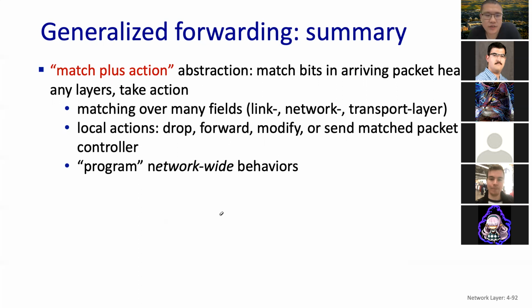You can do it for the different layers, and you can take action, matching over many fields: link, network, transport layer. You can do some local action, so you can drop, you can forward, modify, and send the matched packet to the controller, right? To the different controllers. So the program network-wide behavior.